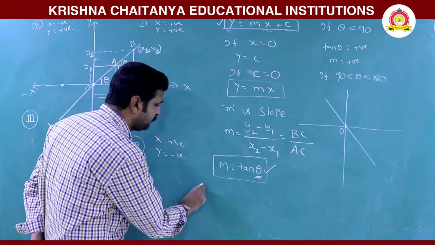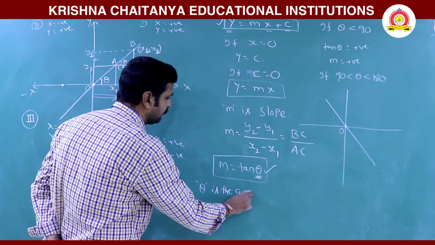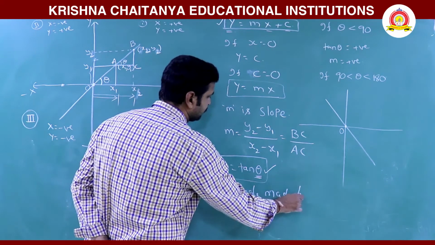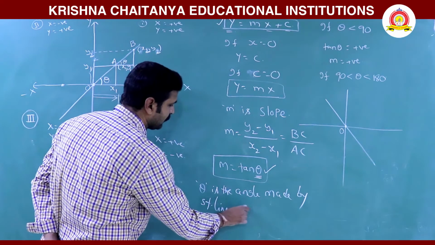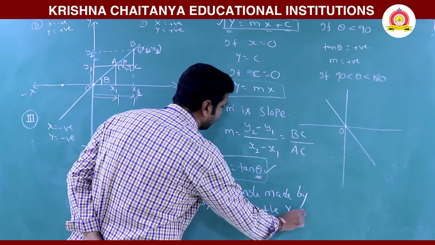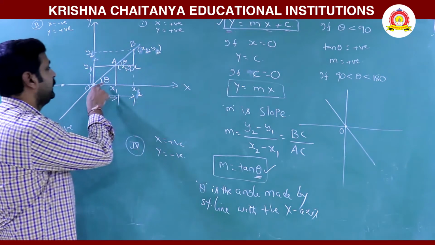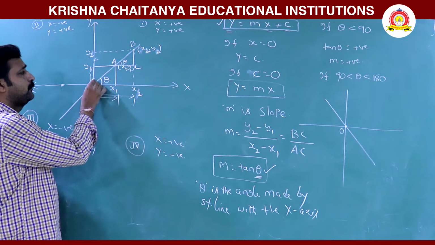Remember, theta is the angle made by the straight line with the positive x-axis. So here theta is less than 90 up to this straight line.